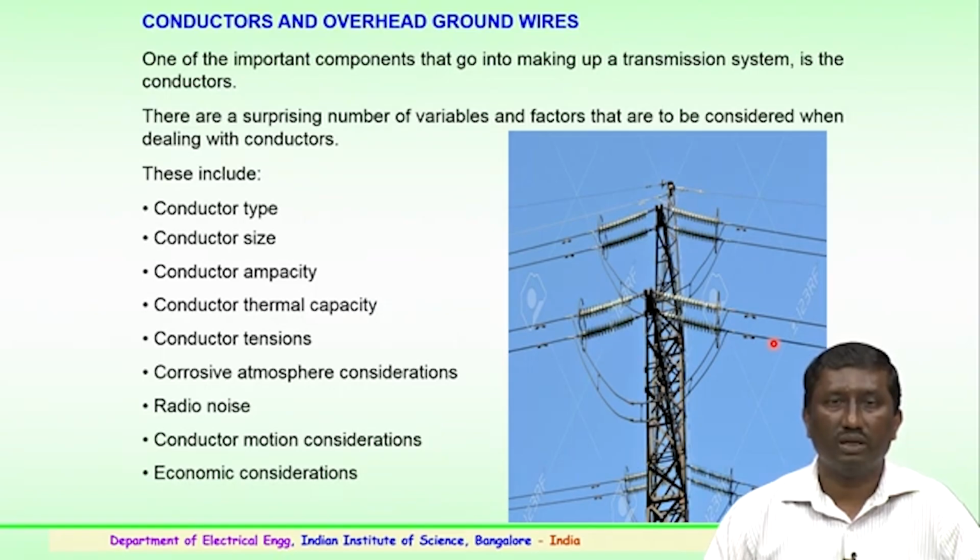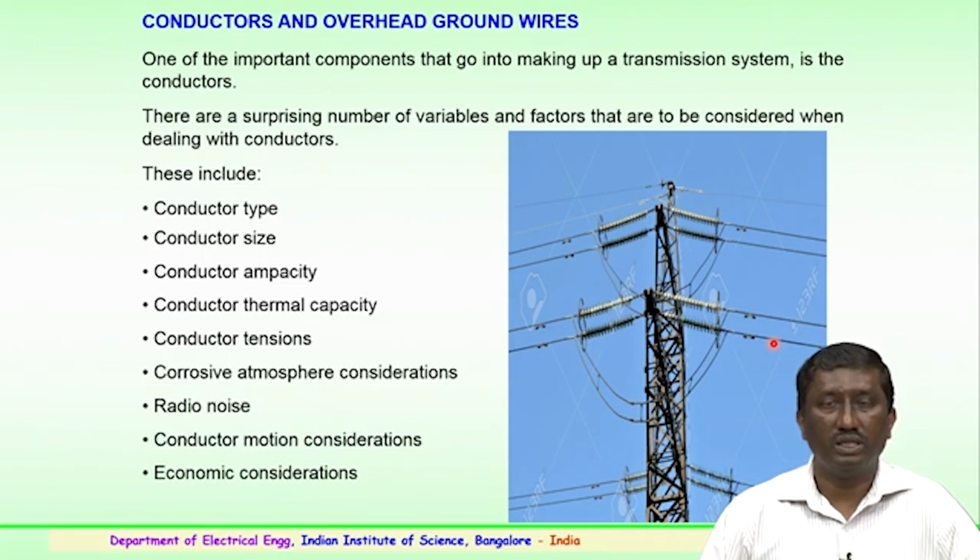The conductor thermal capability, the temperature up to which the conductor could normally withstand during the transfer of power. So, this temperature or thermal capability is very important, else the sag of the conductor increases if it is not thermally capable of handling the power.